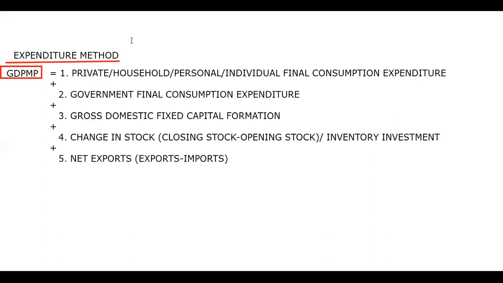Now अब नेक्स्ट पॉइंट मेरा जो है वो बहुत इंपॉर्टेंट है, काइंडली प्लीज इसको अच्छे से समझिएगा. If I add up these two elements together, the element 3 gross domestic fixed capital formation and element 4 change in stock, what I will get is, मुझे क्या मिल जाएगा इसके अंदर?